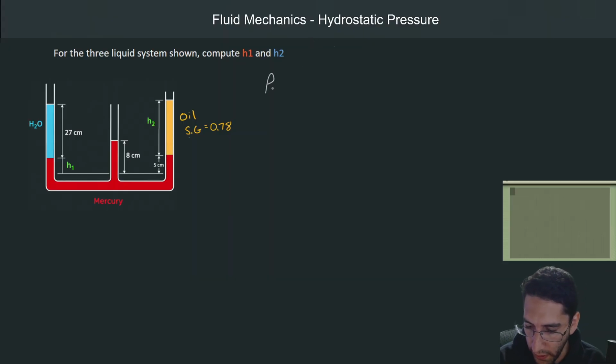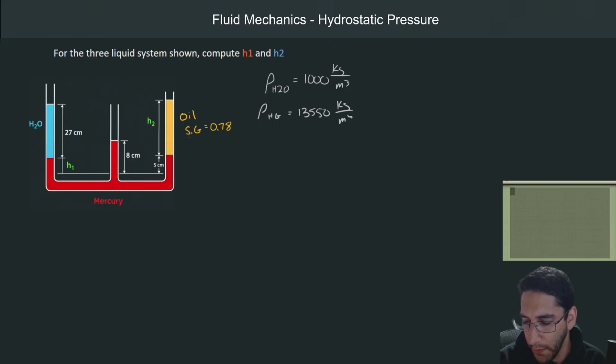For water, I'm just going to use the approximation that we typically use, which is 1,000 kilograms per meters cubed. For mercury, I had to look it up in a table. It was 13,550 kilograms per meters cubed. And this oil is given as a specific gravity.